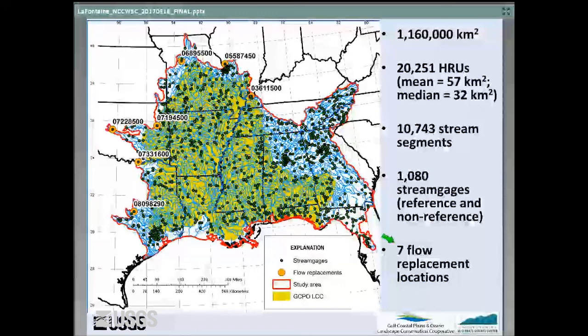And then because we have a regional model, and of course it's at the outlet of the Mississippi River Basin, we didn't have the resources to simulate everything upstream of this area, or we'd end up doing like a third of the country.